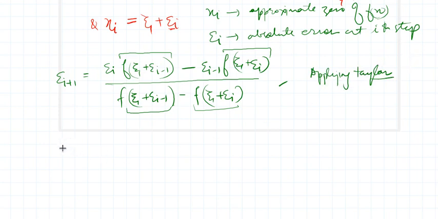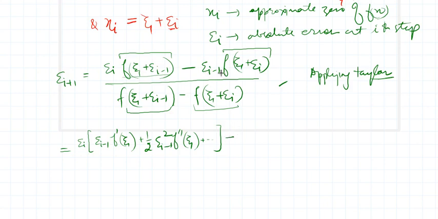It is equal to ε_i times the Taylor expansion over this part, which is ε_{i-1} f'(ξ) plus 1/2 ε_{i-1}² f''(ξ) and so on.